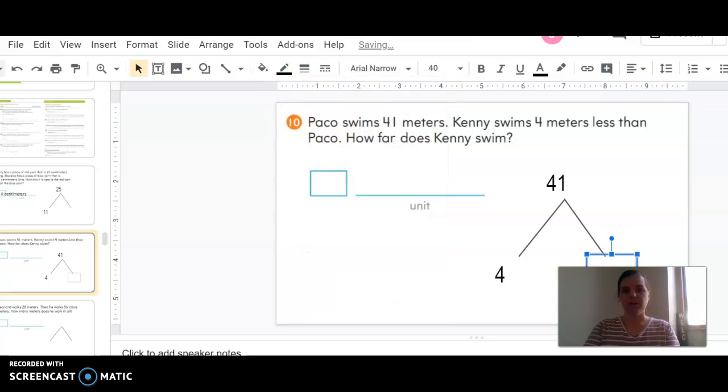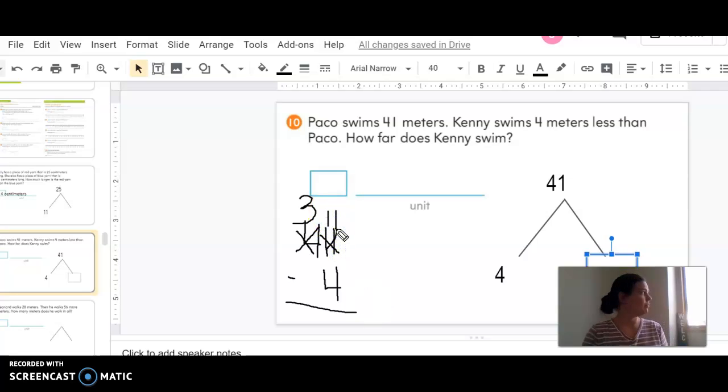So I'm going to set up my problem and I'm going to do 41 minus 4. Make sure your 1s and your 10s are lined up. If I have 1, can I take away 4? Nope. So I have to go next door, knock, knock, knock. Is anybody home? Yep. So I'm going to cross out my 4. My 4 becomes a 3, and that 10 I took away or ungrouped, I'm going to put over here to make 11.